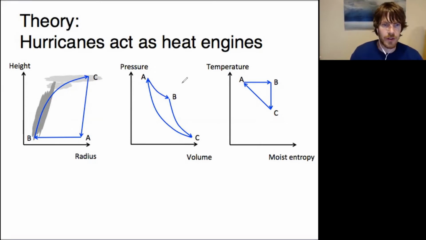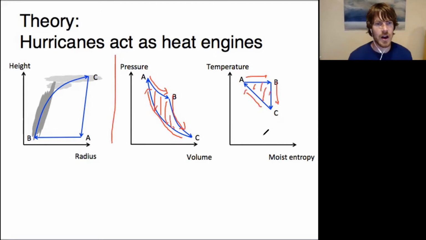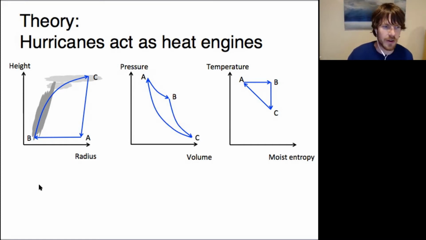The isentropic leg from points B to C is a vertical line, and then you have a return leg that's some sort of diagonal or curved path back from point C to point A. And the important aspect of this is that both of these thermodynamic diagrams on the right show that the area enclosed inside this loop is positive, which means that this thermodynamic cycle has the potential to do work, and that's the essence of what Kerry Emanuel's potential intensity theory describes as a speed limit for hurricane winds.